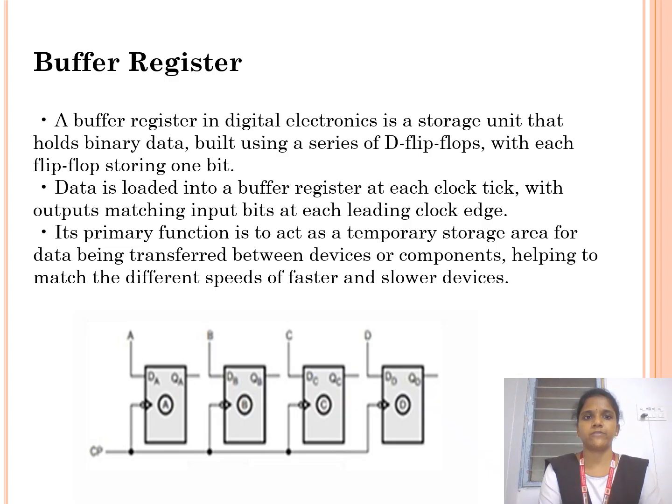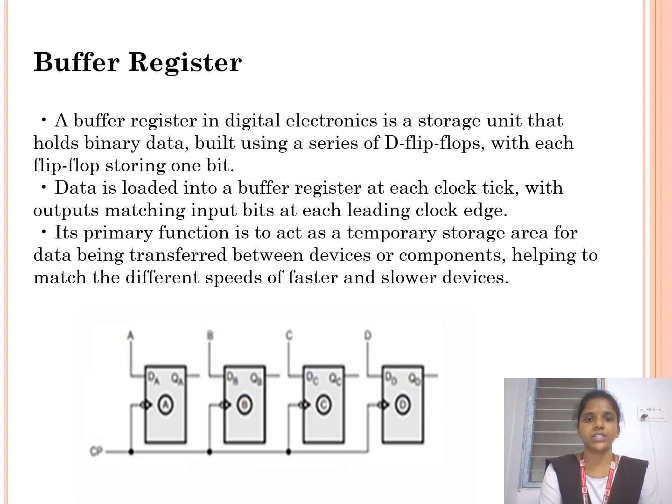The first type of register is the buffer register. A buffer register in digital electronics is a storage unit that holds binary bits, built using a series of D flip-flops, with each flip-flop storing 1 bit. Data is loaded into the buffer register at each clock tick, with outputs matching input bits at each leading clock edge.